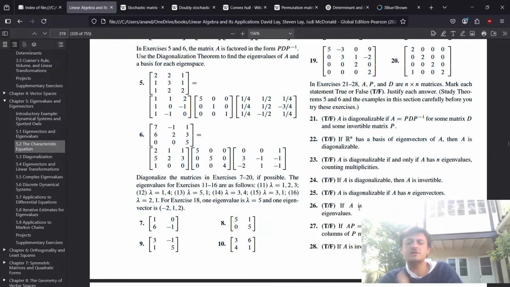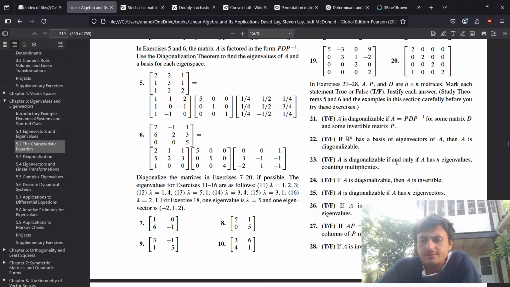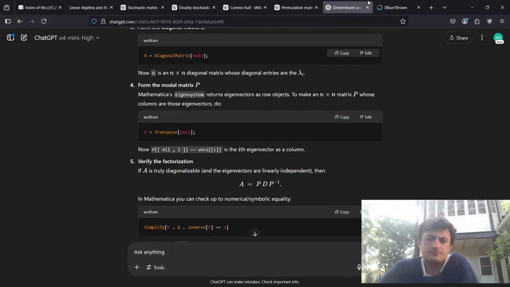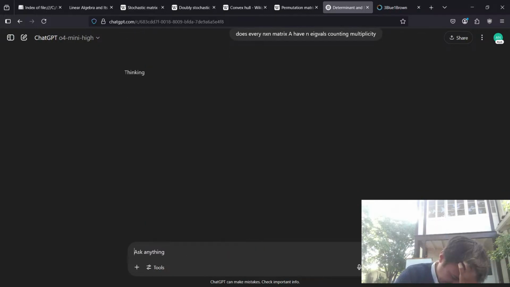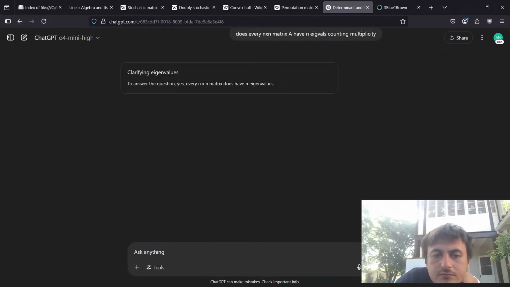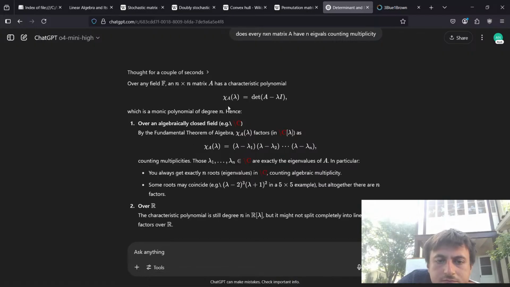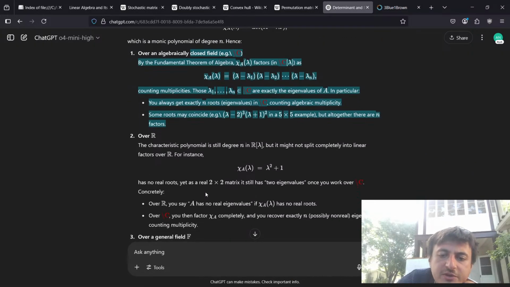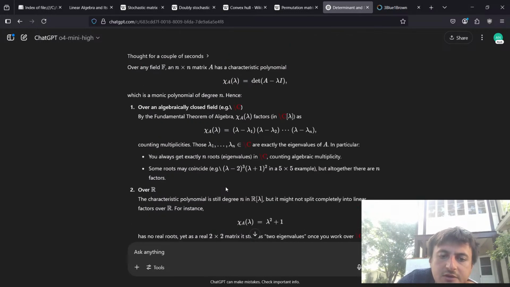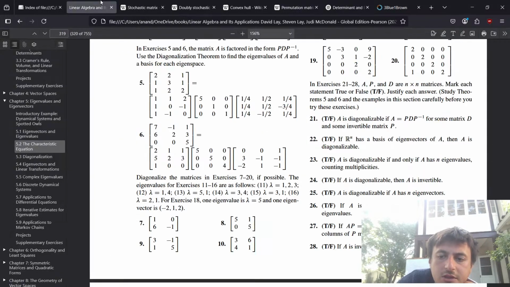Doesn't every matrix have... Yeah, right, over an algebraically closed field.